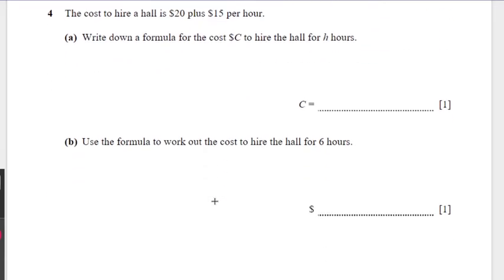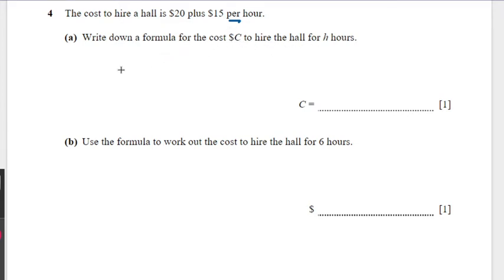Number 4 here. The cost to hire a hall is $20 plus $15 per hour. Every hour you have to pay $15, and on top of that you have to pay $20 first. So we have to write down the formula for the cost C to hire the hall for h hours.